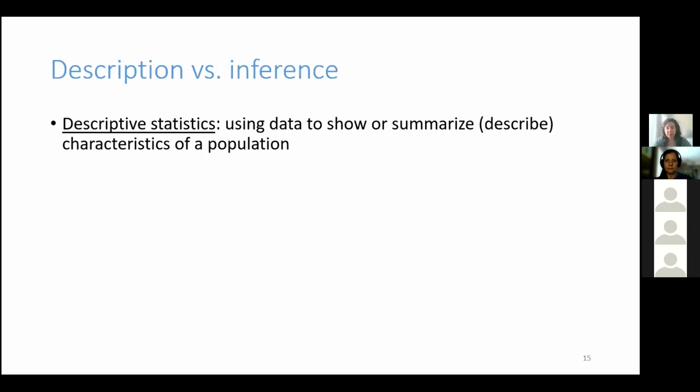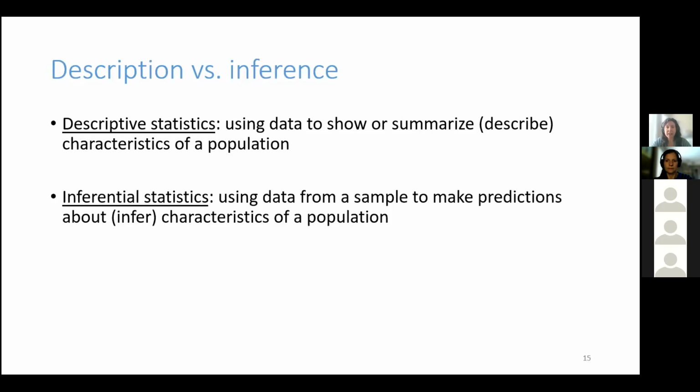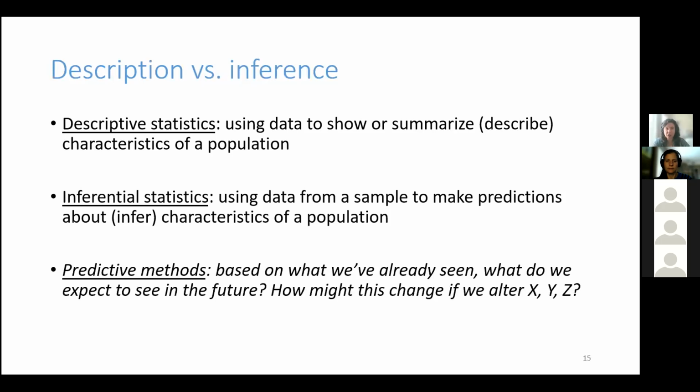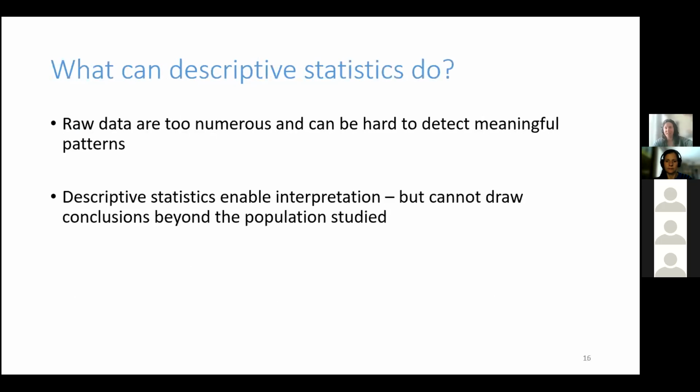Descriptive statistics use data to show or summarize characteristics of your sample. Inferential statistics use data from that sample to make predictions about characteristics of a population. And predictive methods are based on what we've seen: what do we expect to see in the future? We're not going to talk about predictive methods today, but that's the next level of complexity.